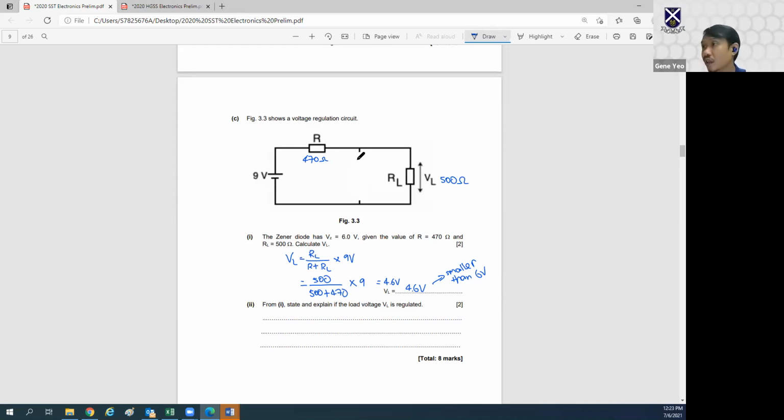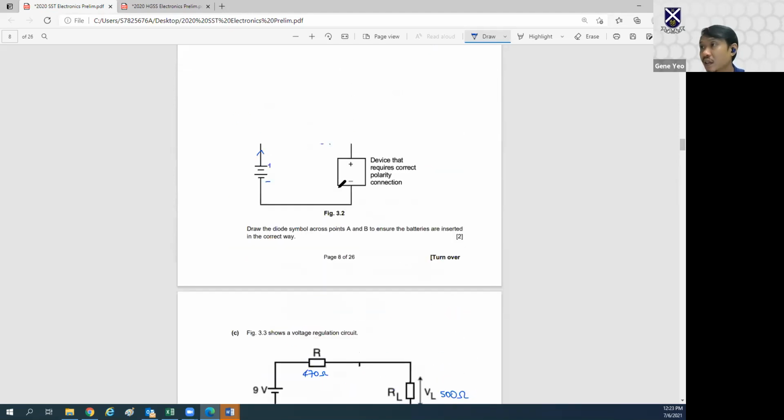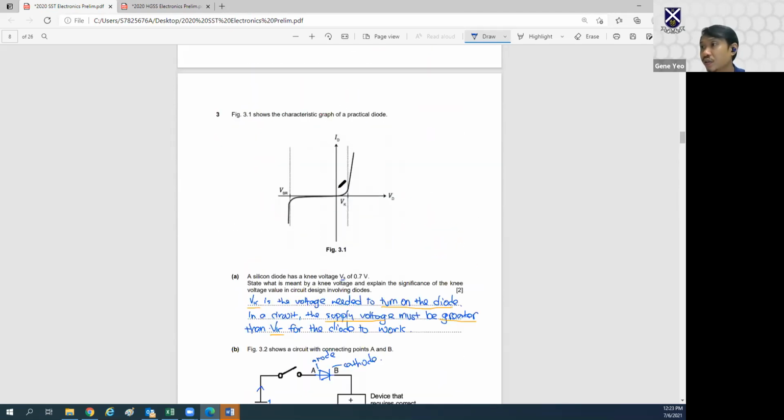If you look back at the practical diode, now this one is just a normal diode, but if this was my breakdown voltage, it will only work at 6 volts. What we discovered just now is that VL is somewhere here, 4.6 volts.